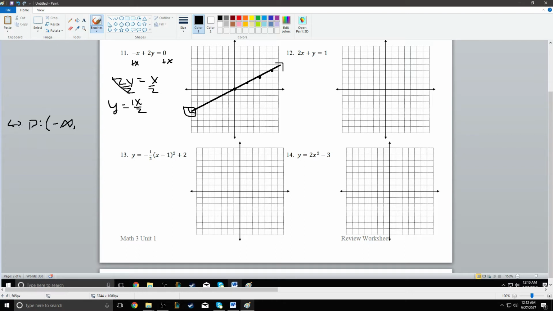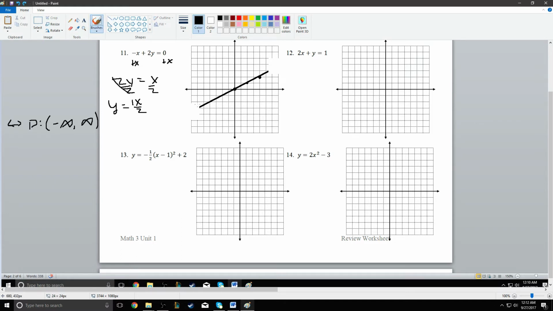Okay, so now the rightmost part of your domain, over here, again, you have another arrow. So this would go to positive infinity.